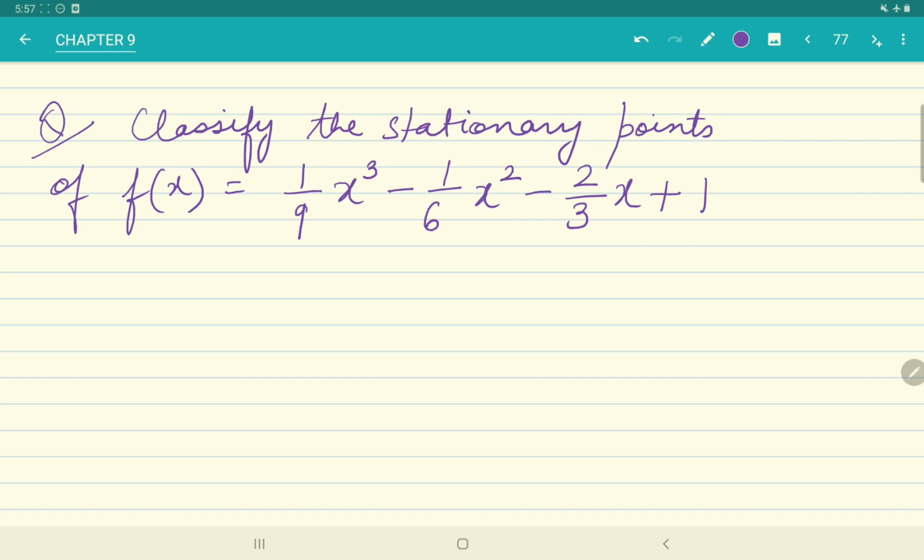We have to classify the stationary points of this f of x, 1 by 9 x cubed minus 1 by 6 x squared minus 2 by 3x plus 1.